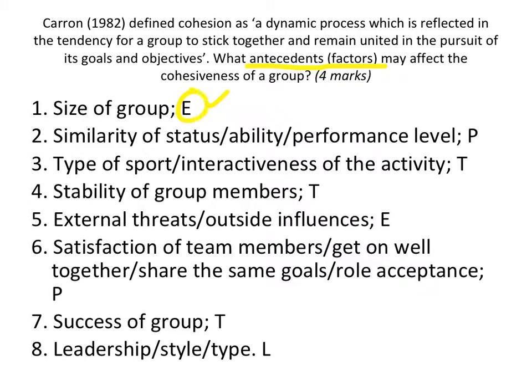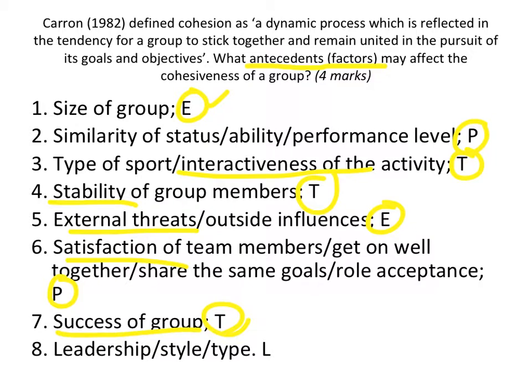I've just highlighted in the letters here, the ability levels, etc., of the group, of the players, the team factors, so that interactiveness, another team factor in terms of the stability that we talked about, the external threats from environment, and satisfaction as well of the players, and then that previous success team factor, as well as the leadership.